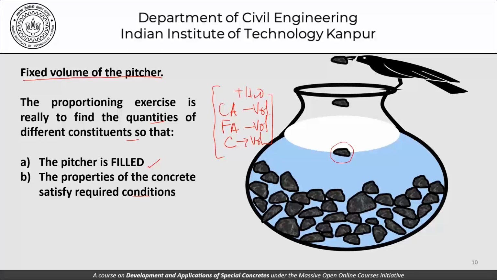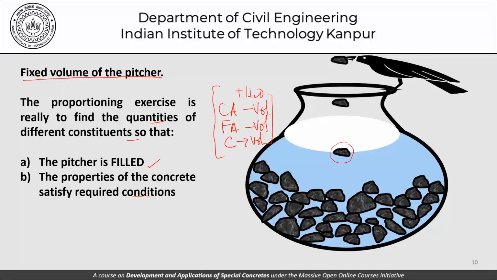And I've already told you that this thought process or this model for proportioning concrete mixes is just one of the models that is available, commonly used. There are other ways of looking at proportioning as an exercise, and you are welcome to read about them.